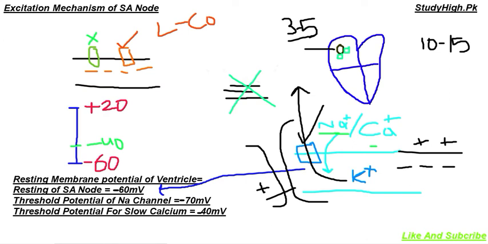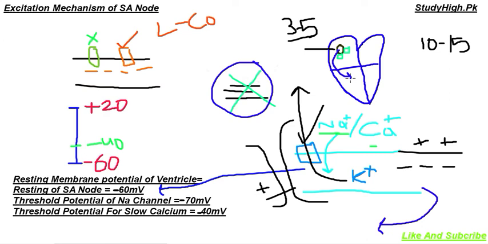And second, it does not need a lot of calcium for contraction, because it has no role in contraction. Its only purpose is generation of an action potential and transfer to its neighbor atrial cells, through the interatrial bands, and through the conducting fibers from the SA node to the AV node and ventricles.